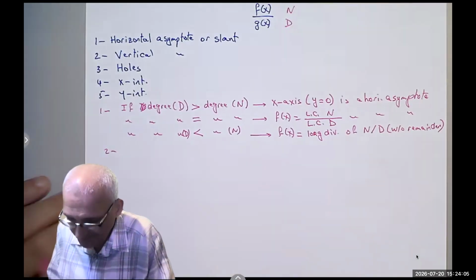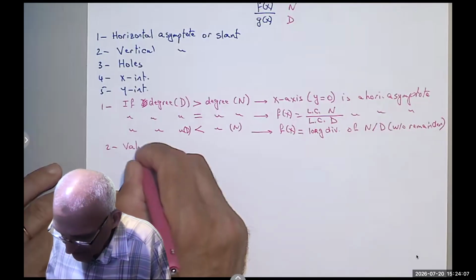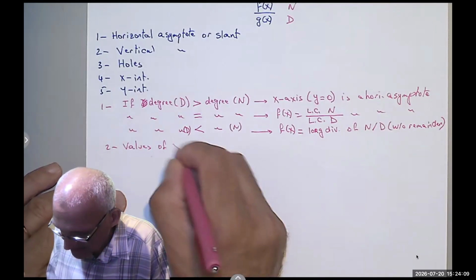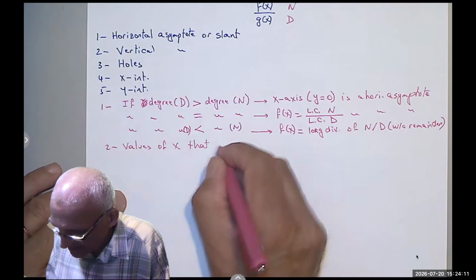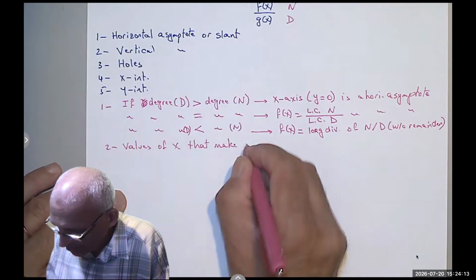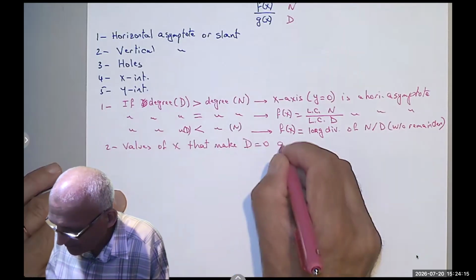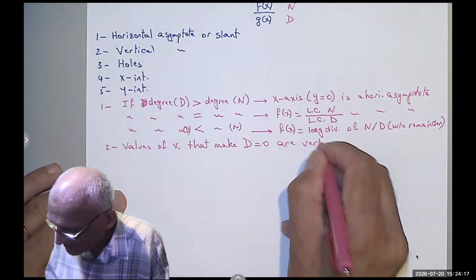Number 2, values of x that make the denominator equal 0 are vertical asymptotes.